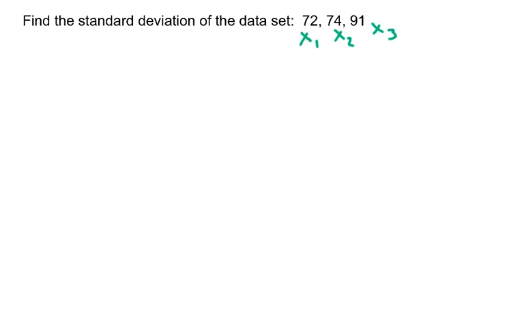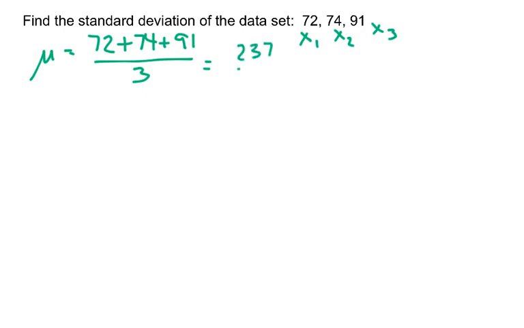One of the important things in that formula was that we needed mu, the mean of our data set. So that's the first thing we should find. And that'll be 72 plus 74 plus 91, all divided by 3. That's going to be 237 divided by 3. And so the mean of this data set is 79.